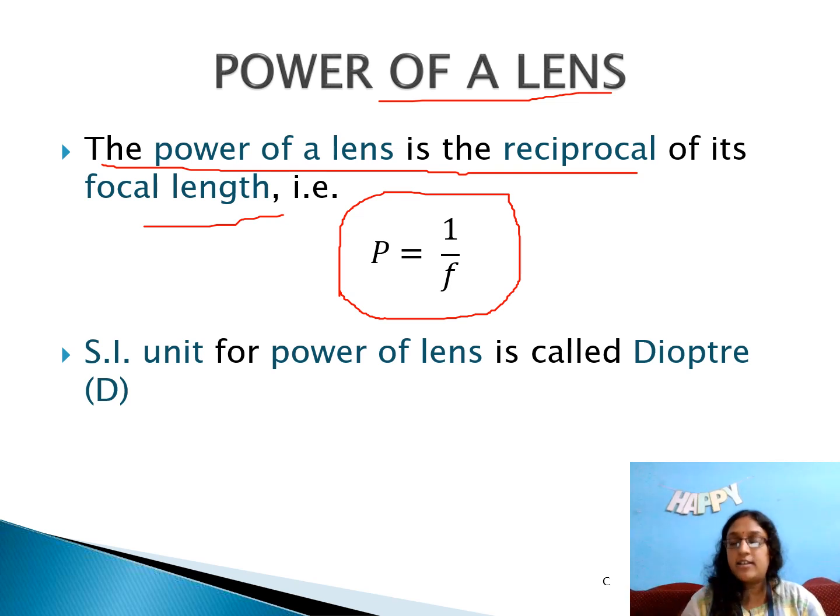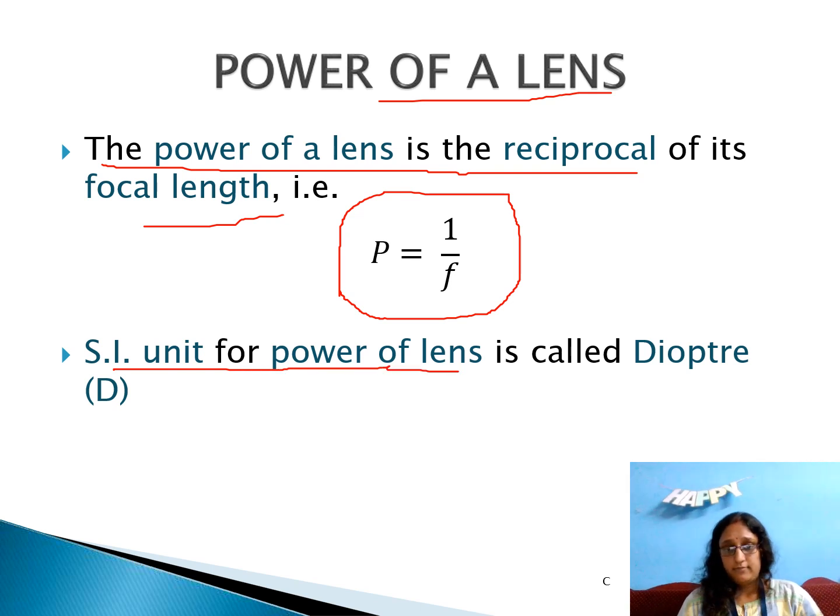When the focal length increases, the power will decrease, and vice versa. The SI unit of power of a lens is called the diopter. It is denoted by the capital letter D.